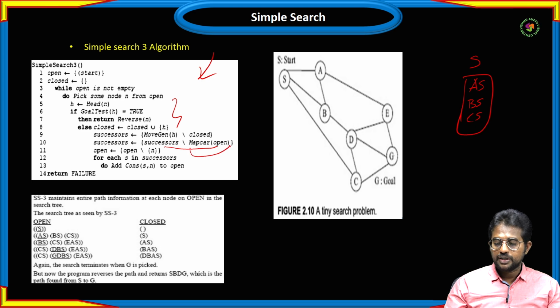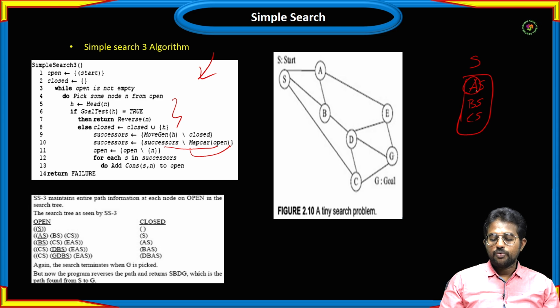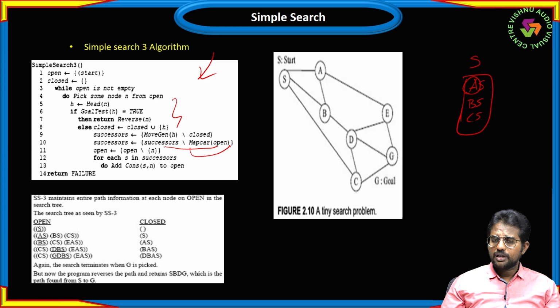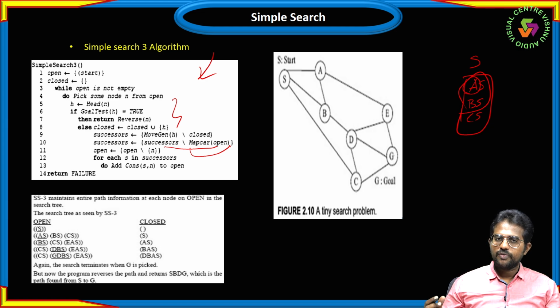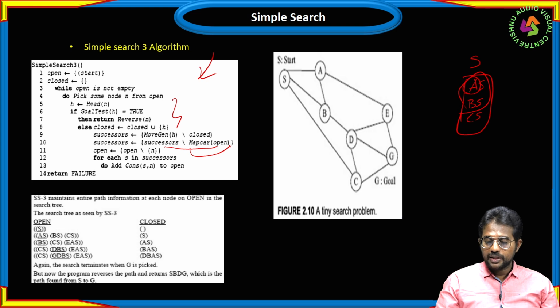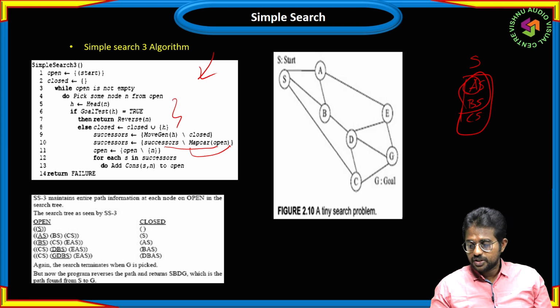This mapcar function is used to extract the first bit. It will take two or three lists, and in each one it will get the first bit and check it. So this is the algorithm, and I will try to apply this algorithm on this tiny search problem.